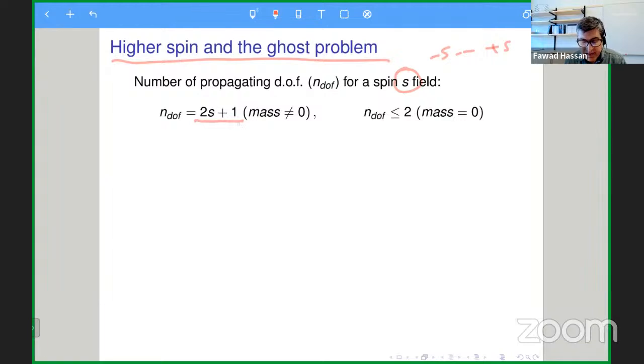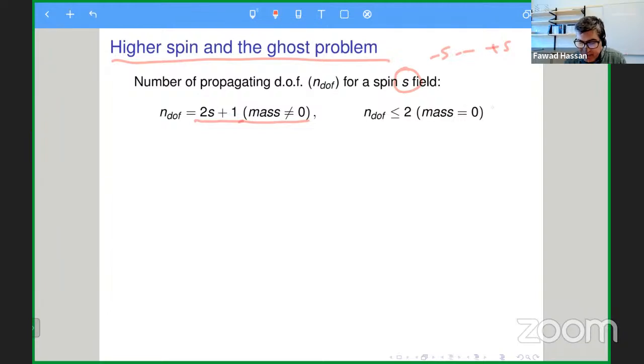And this is the case if the mass of your state is non-zero. If the mass of the state is 0, then generically you have two helicities, like two helicities of a photon, two helicities of the gravitational wave, or you have just one component for a scalar field. For example, for a real scalar field, you just have one component.